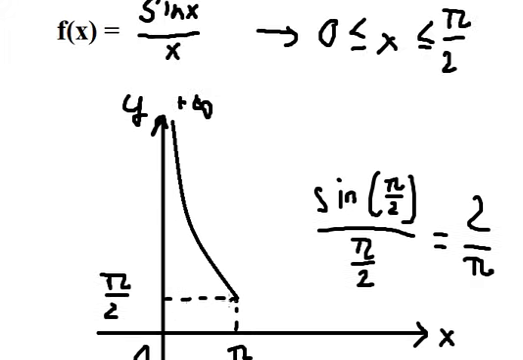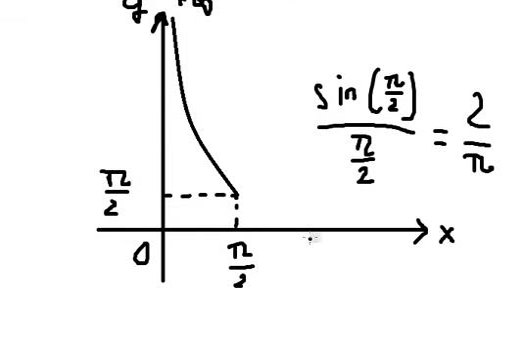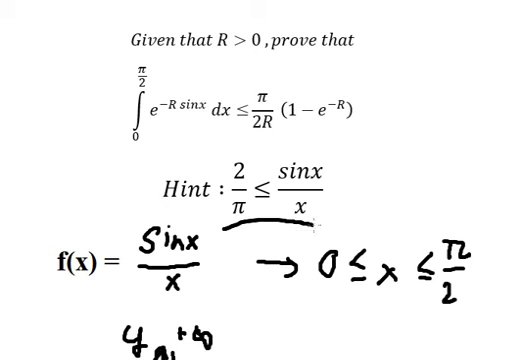And we can see that the values from 0 to b over 2 are always bigger than 2 over b. And this is the reason why we have this one.